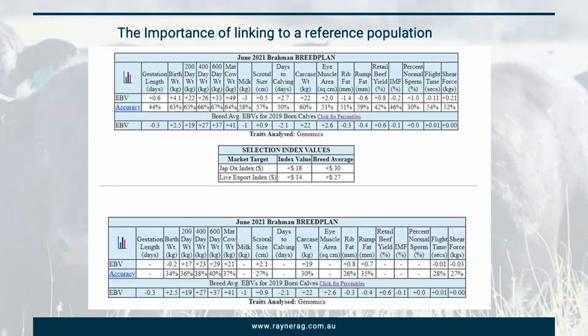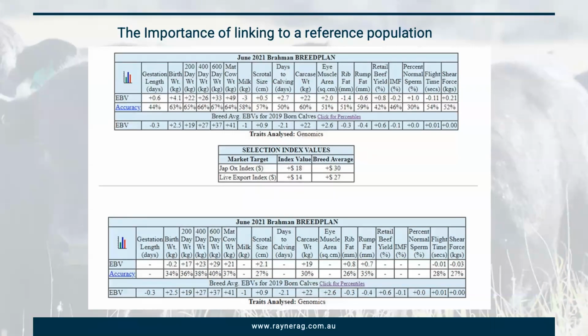That's a bull that has been genomically tested, but is actually linked to the broader Brahman population. Because of those linkages and the heritabilities and known correlations, as well as the genomic information, we've been able to generate reasonably high levels of accuracy across the EBVs, as well as creating a selection index.